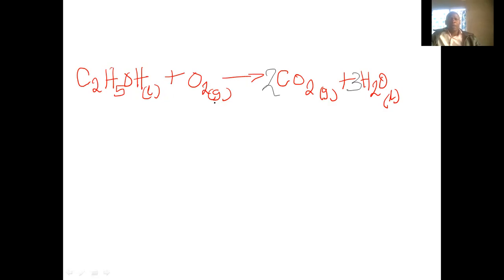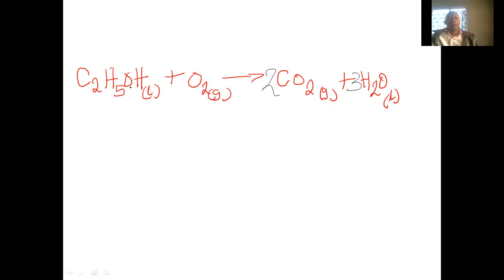So now we have 6 atoms of hydrogen on this side as well.